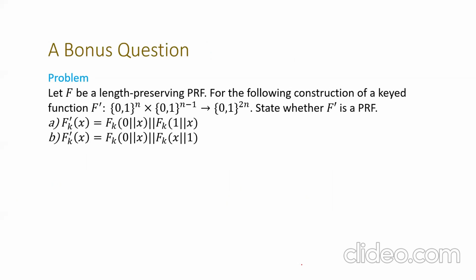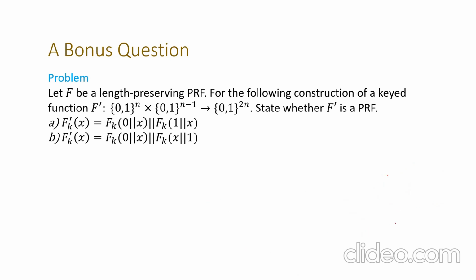There is a bonus question, so just quickly we can take a look at it. F is a secure PRF which takes an input of bit length n and also a key of bit length n.